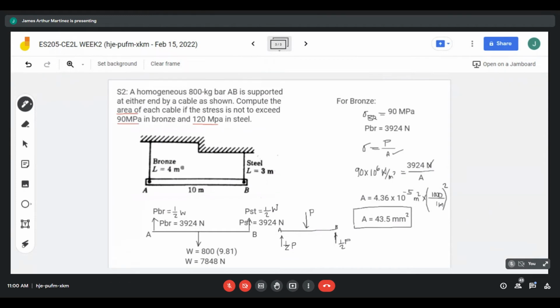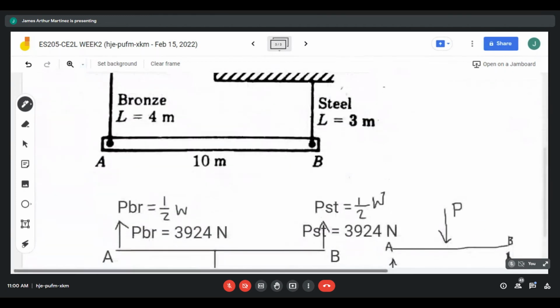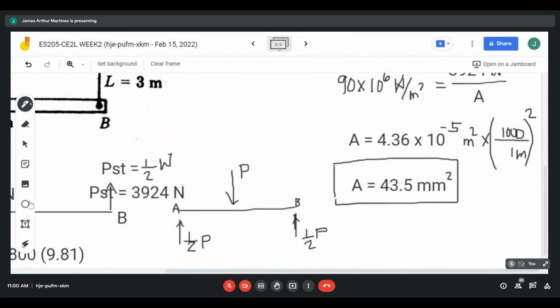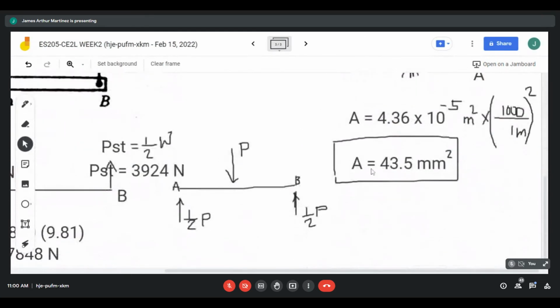So, muna ni siya ato ang area for bronze. Wala na ako siya na label. Ay, sorry, for bronze rather. 43.6 millimeter square.